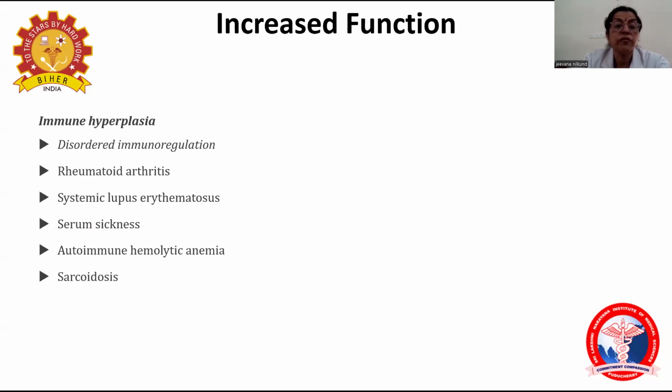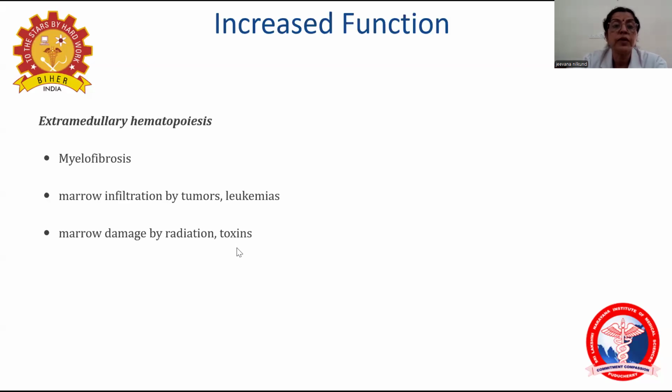Also immune dysregulation. If there is rheumatoid arthritis, SLE, serum sickness, autoimmune hemolytic anemia, sarcoidosis, these immune disorders may lead on to splenomegaly. As I said, the spleen is a site of extramedullary hematopoiesis.